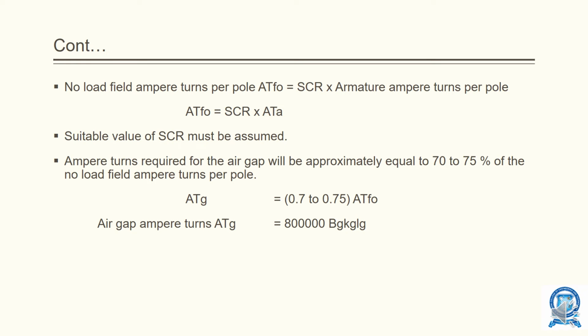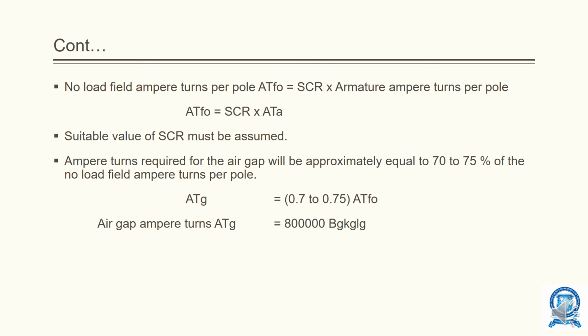We know the value of ATg, then we know the value of Bg and Kg. So on substituting the values of Bg and Kg, we get the value of Lg as ATg divided by 8 lakhs Bg Kg. This is the value of Lg. And Bg is equal to B average by Kf.